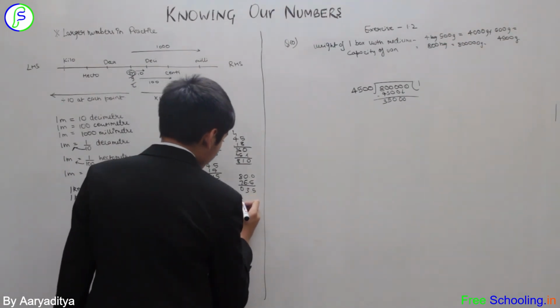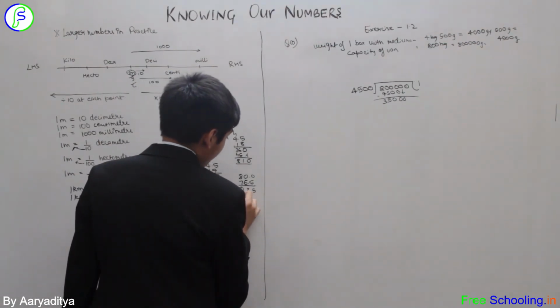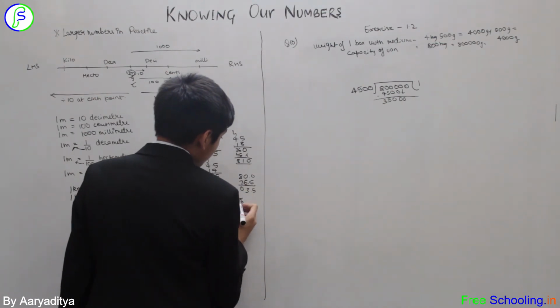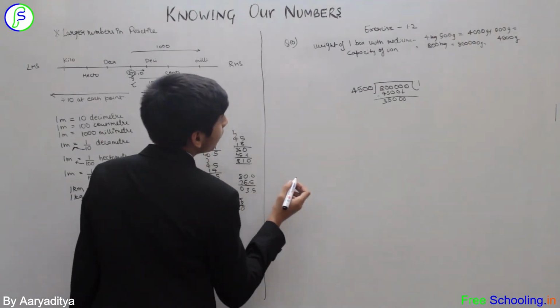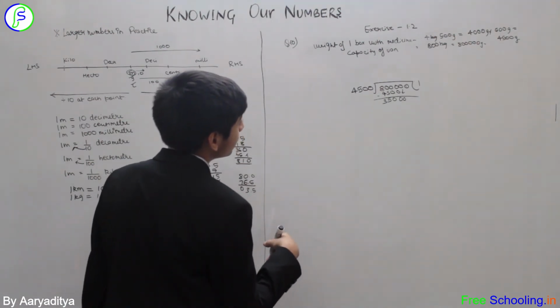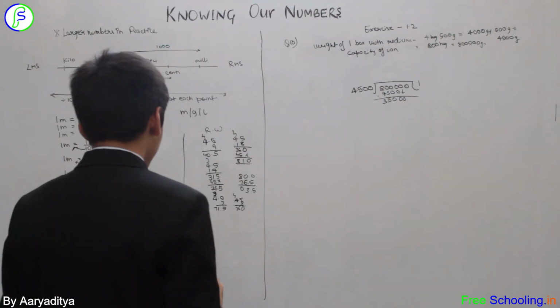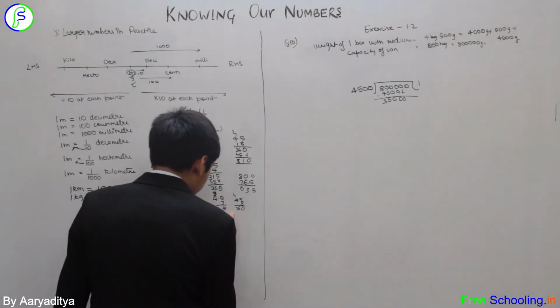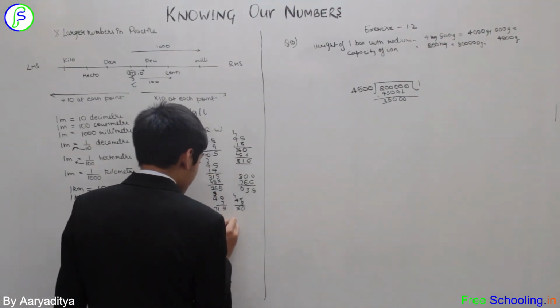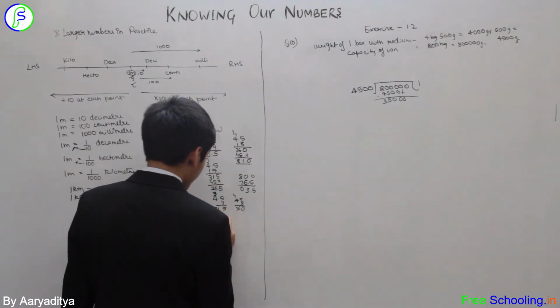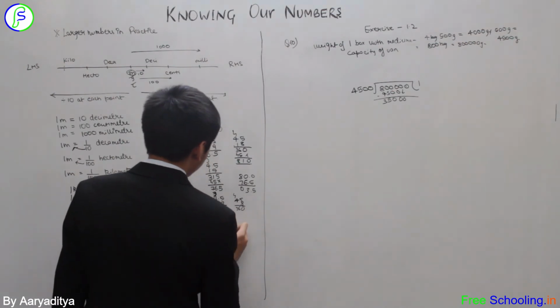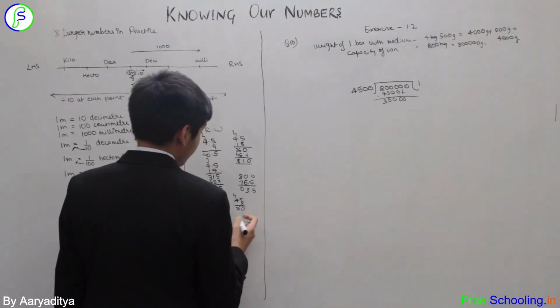So 45 into 8, what do we get? 8 times 5 is 40, carry 4, 8 times 4 is 32, plus 4 is 36. Oh, this one becomes bigger. So we should multiply it by 7. 7 times 5 is 35, carry 3, 7 times 4 is 28, plus 3 is 31. We get 315.